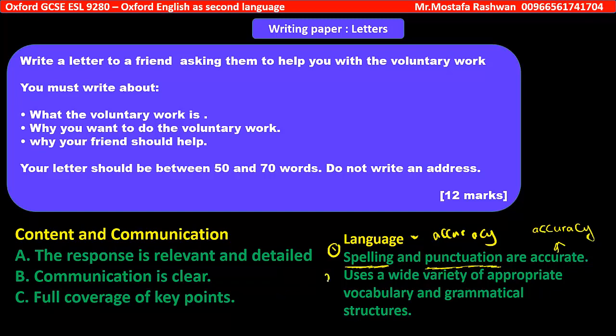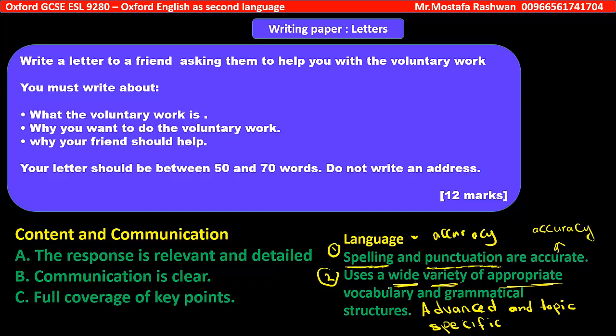Then number 2, this point is really necessary and fundamental. Use a wide, look at the word wide here, variety of appropriate vocabulary and grammatical structures. So here you need to provide proper, it means advanced and topic specific vocabulary.